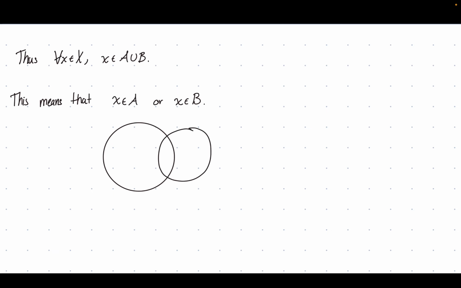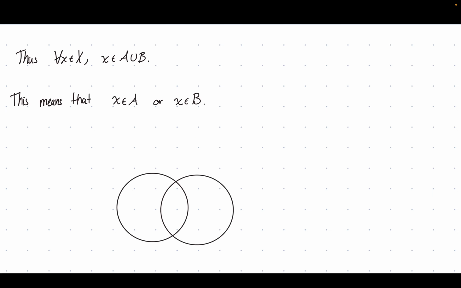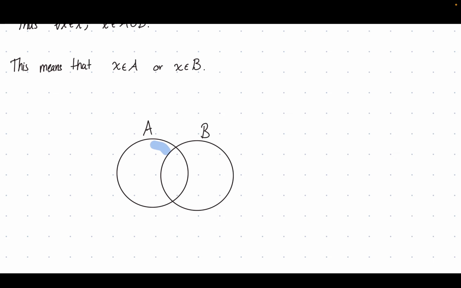One thing we can do is try to think of a Venn diagram, and this is simply a visual representation of the two sets. So let's call this one A and let's call this one B. Now, the thing is, we can have a couple cases, right? I'm just going to color them in.